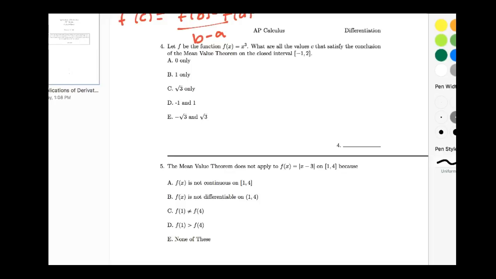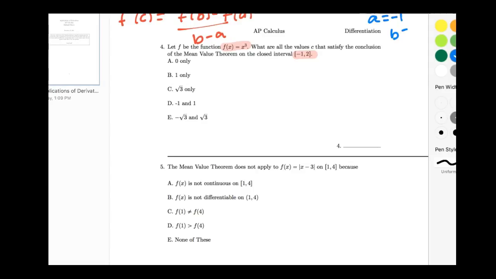All right, we're back. So our function here is x cubed. Here's our interval. Okay, so we know that a is going to equal -1, b equals 2. So we're going to say that f prime of x, find the derivative, that's equal to 3x squared.